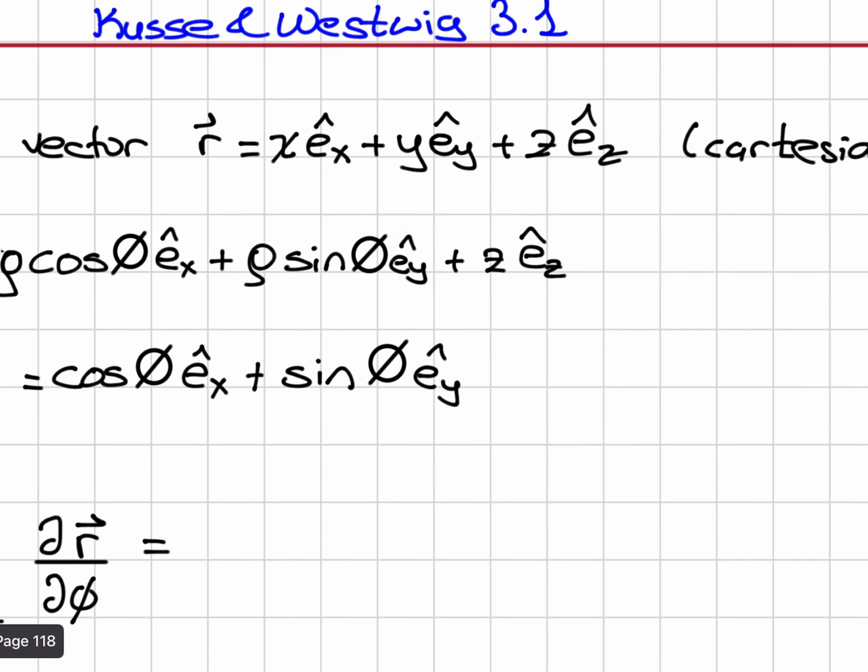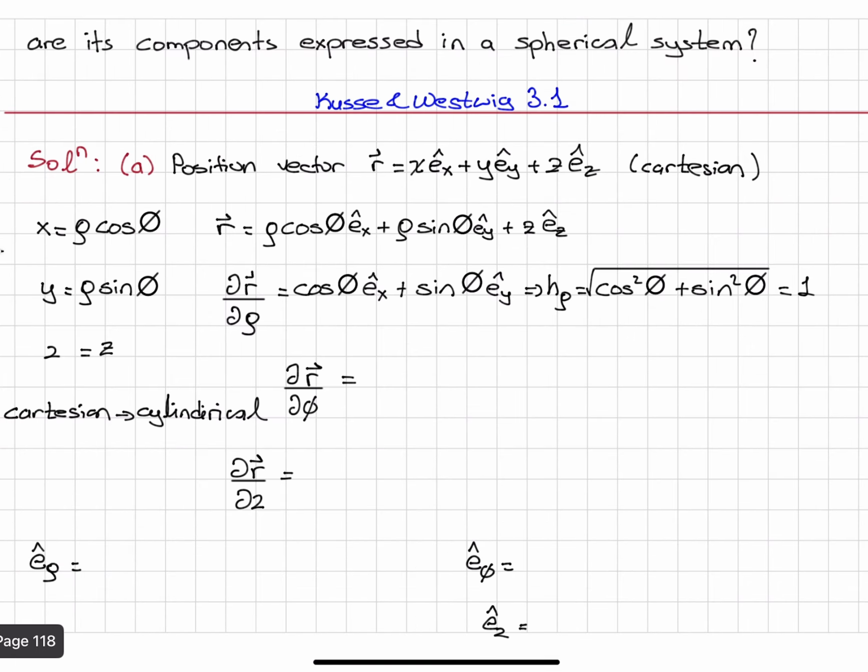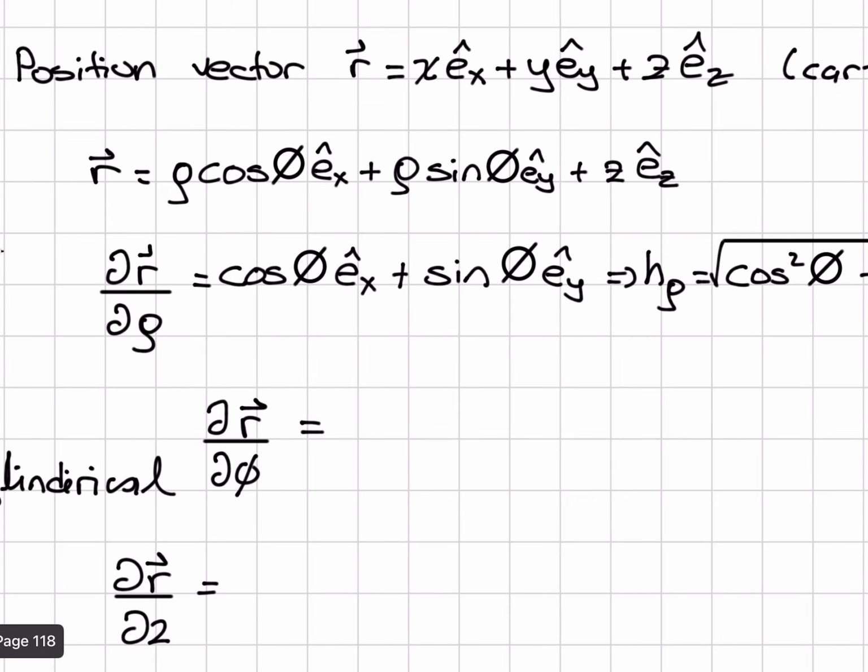Now I can take its magnitude to find the scale factor for rho. It is the square root of cosine square of phi plus sine square of phi. Cosine square plus sine square is equal to 1, so this magnitude is equal to 1. Therefore, the scale factor for rho is 1.